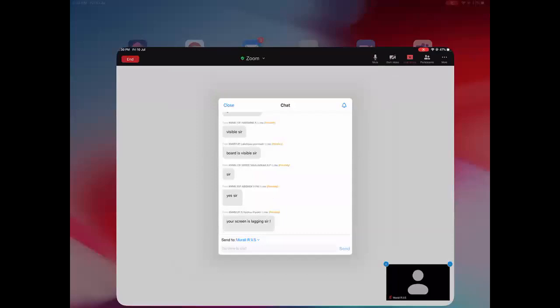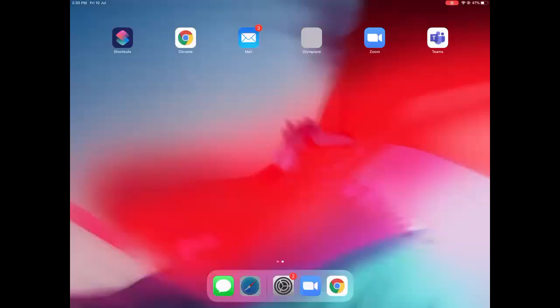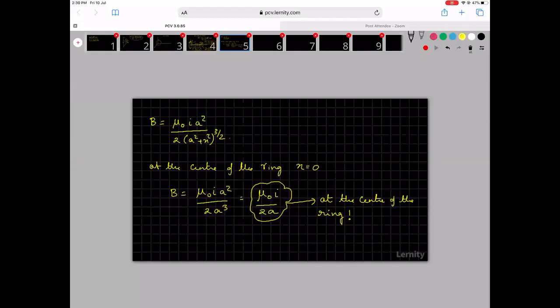Today I have got Reliance Jio. I am using a separate internet connection only for this. So I think it's all doing fine.